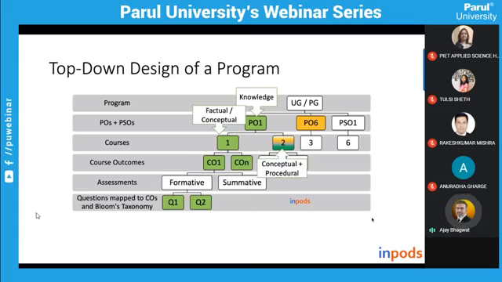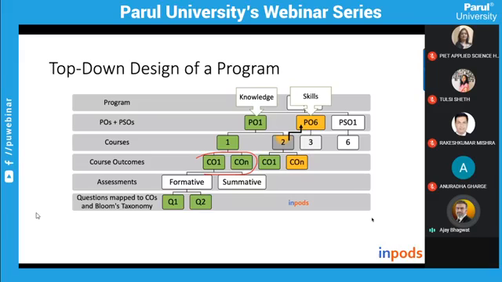And PO6 happened to be a PO from skill category of the POs. So it has got a dual association there. And then obviously this will have the impact on the course outcomes designed for each of these courses.